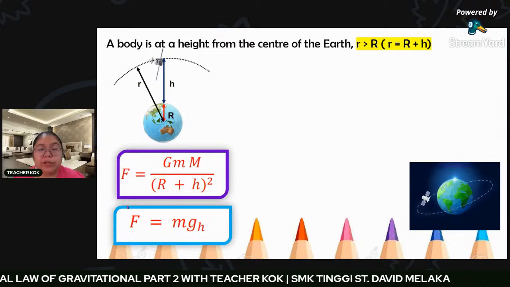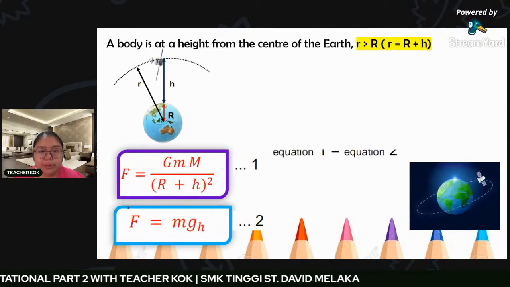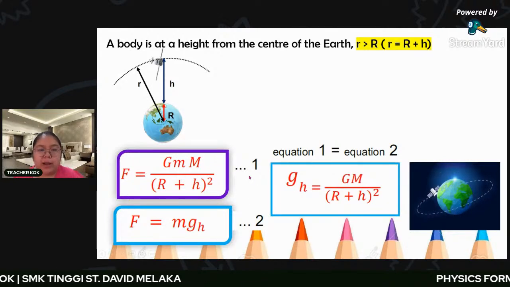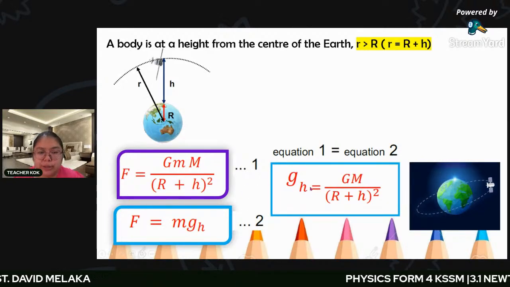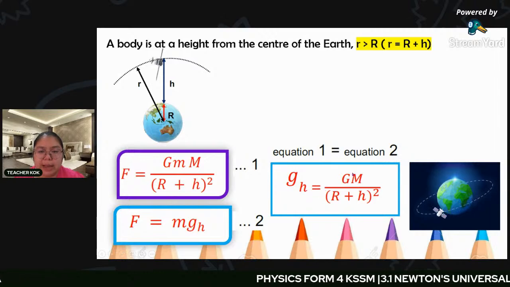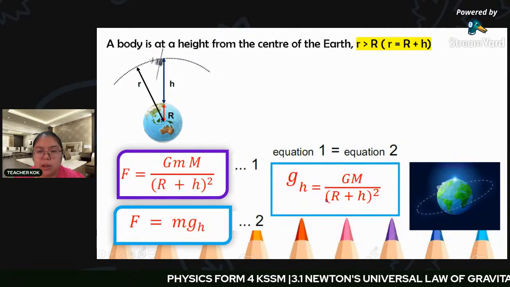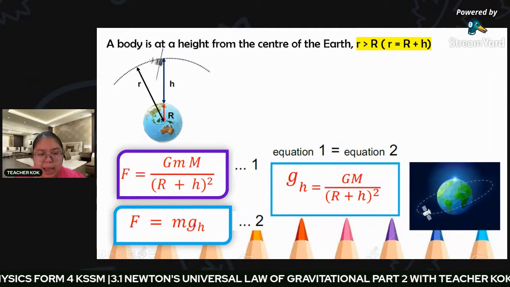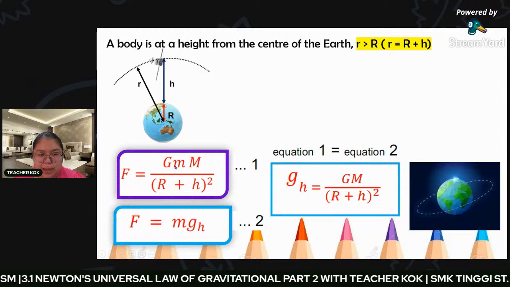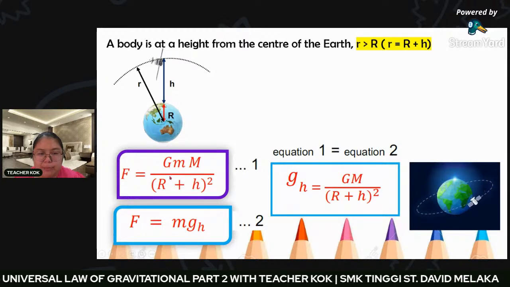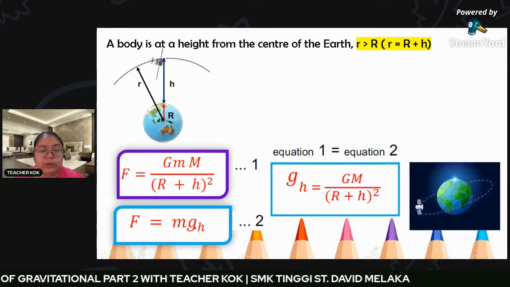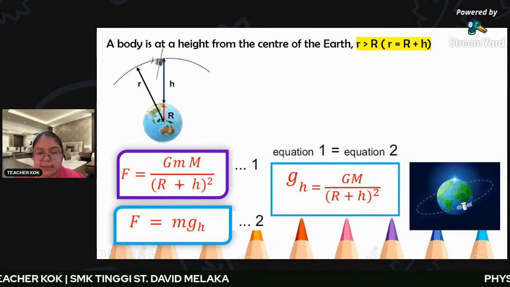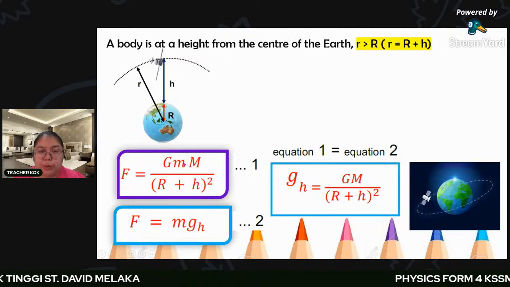Now we put the equations together, so we find g_h equals capital G, capital M, over (R plus h) squared. Actually we just cancel the small m. So g_h equals all the things here, we only cancel the small m.